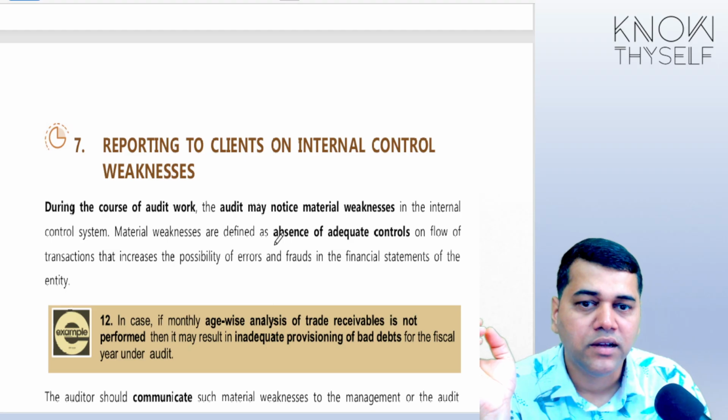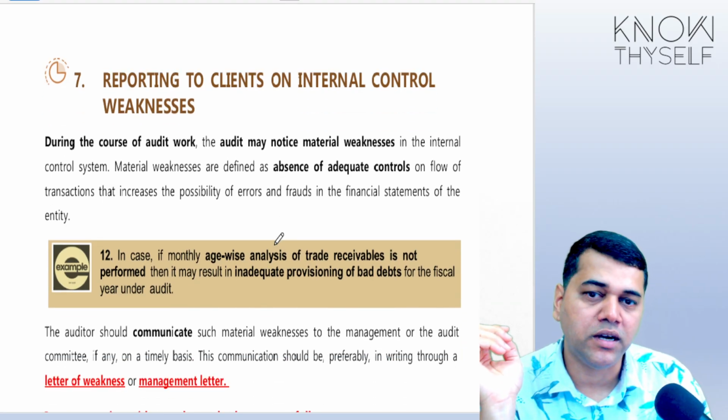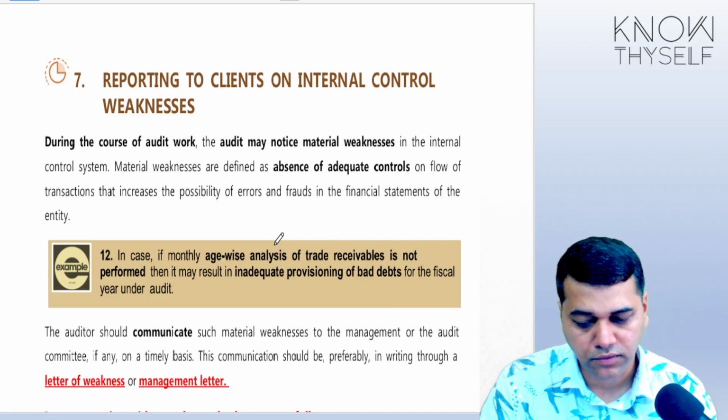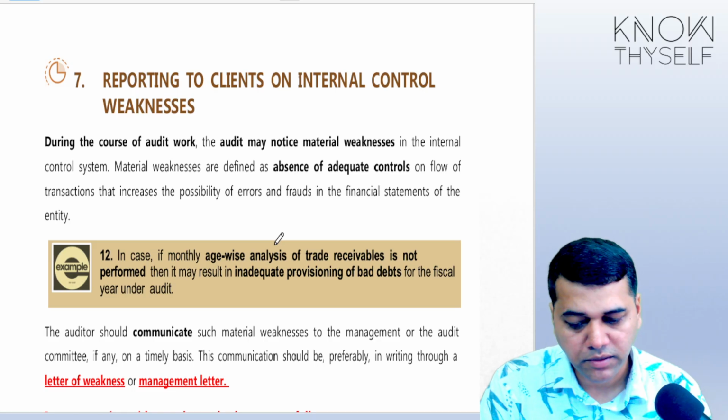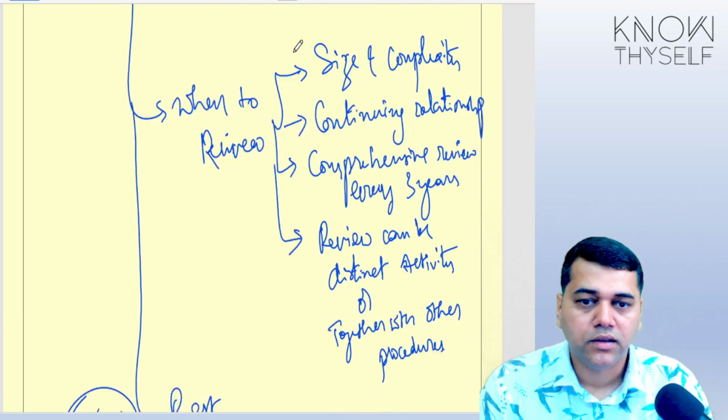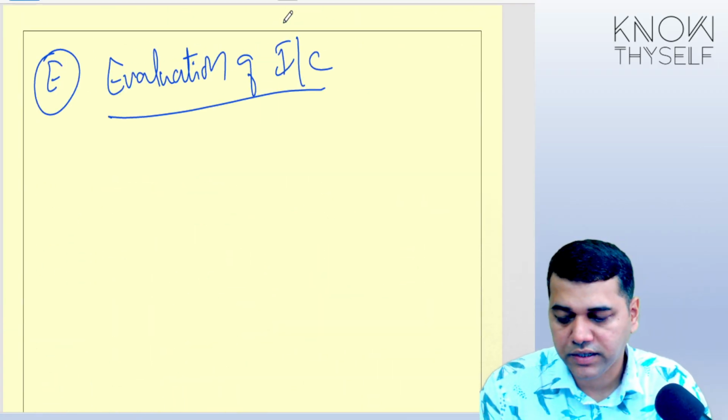We will skip it and go to the next part, called reporting to clients on internal control weaknesses. Okay, so shall we make one chart, friends? Shall we have that mind map? Evaluation of the internal control.